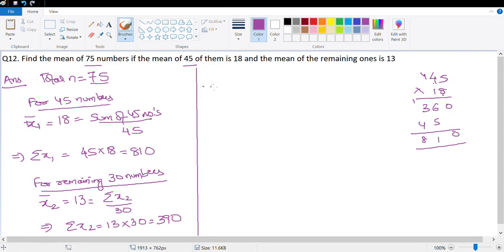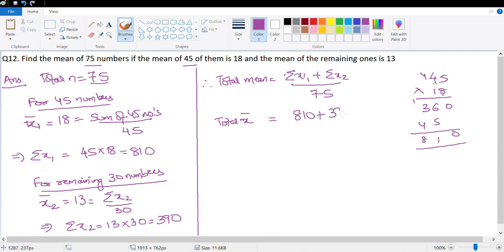Next, therefore, total mean, this is for all the observations, will be equal to summation x1 plus summation x2 upon 75. Yes, total number of data and sum of 45 numbers and sum of 30 numbers. So total mean will be equal to summation of x1, which is 810, summation of x2, which is 390 upon 75.